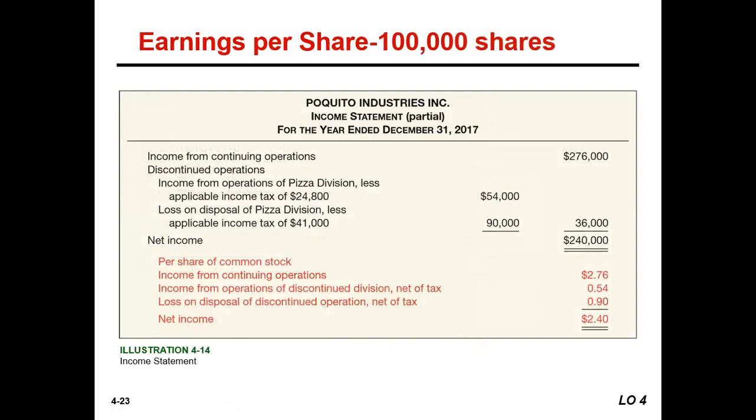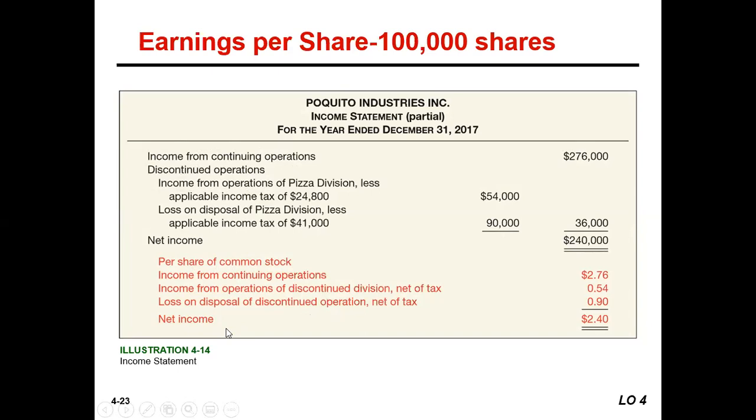If we have discontinued operations, then we might break this down into earnings per share of common stock: earnings per share from income just from continuing operations, earnings per share from income from the discontinued division, earnings per share for loss on discontinued operations, or earnings per share based on our bottom line net income figure.